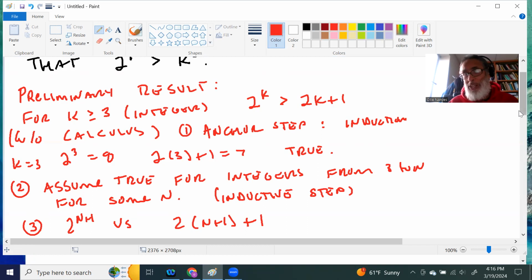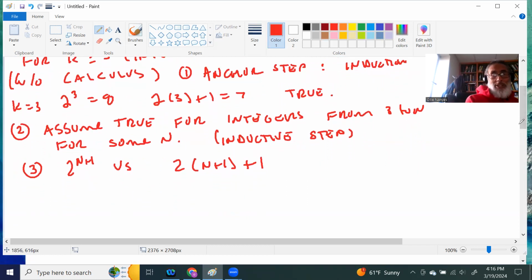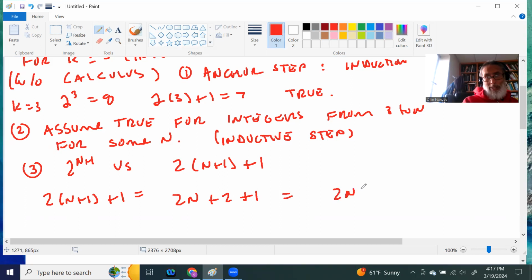And this is going to be a simple algebraic argument. So let's start off with this. Notice 2(n plus 1) plus 1 by algebra is 2n plus 2 plus 1, which is, of course, 2n plus 1 plus 2.